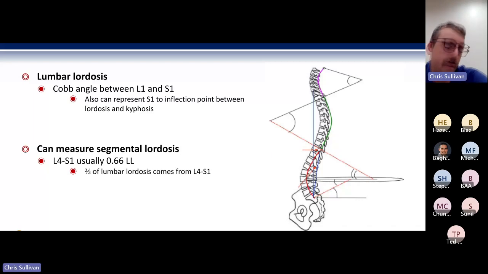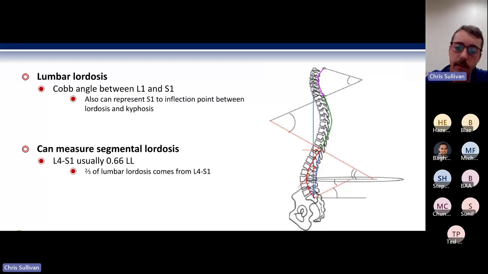Lumbar lordosis represents the Cobb angle between L1 and S1. Alternately, it can be between S1 and the inflection point between lordosis and thoracic kyphosis. That's a relatively simple measure. And of note, you can also measure segmental lordosis between any of the levels.